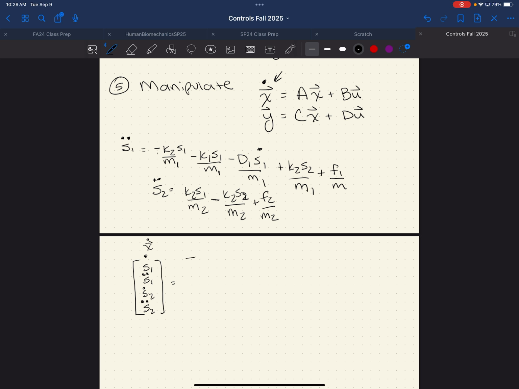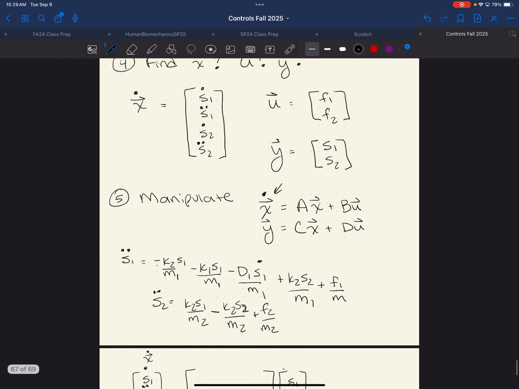Equals a 4x4 matrix A times our state vector x: S1, S1 dot, S2, S2 dot, plus something times our input vector U, which we said was F1, F2.